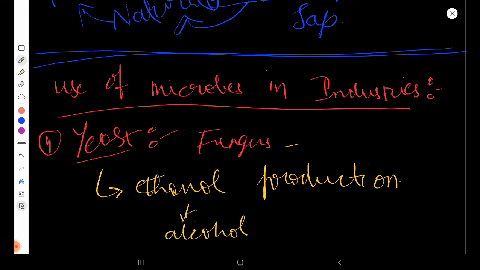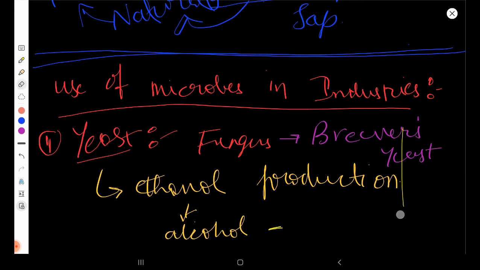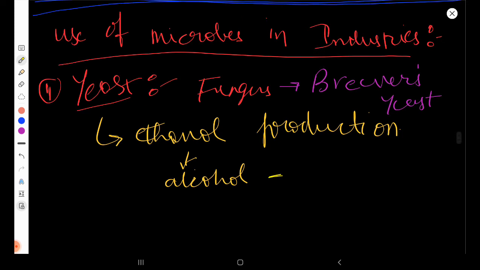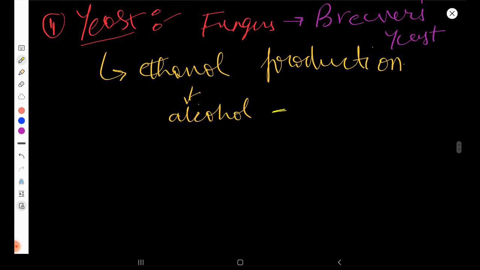This yeast in common is called, let me write it with another color, brewer's yeast. This brewer's yeast is used in the preparation of alcohol, and these alcoholic drinks are toxic and show effect on your nervous system. You all know it.